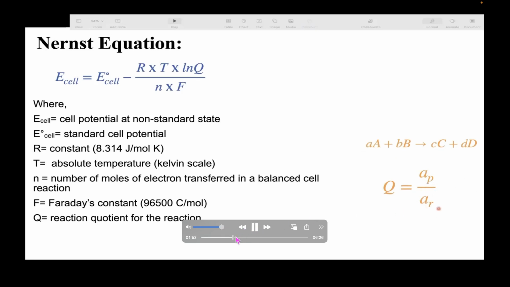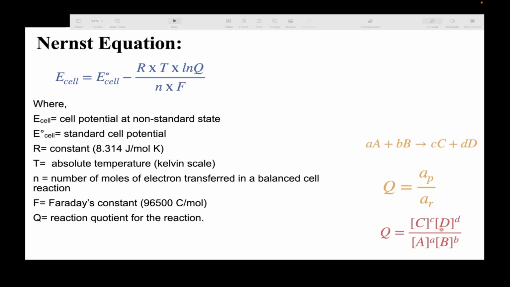Okay. So I can also write Q as the concentration of my products C, D raised to the power of their moles upon the concentration of my reactants A and B raised to the power of their moles. Also, this can be the concentration or it can be the pressure for a gas, but if it is a solid, we take it as 1.